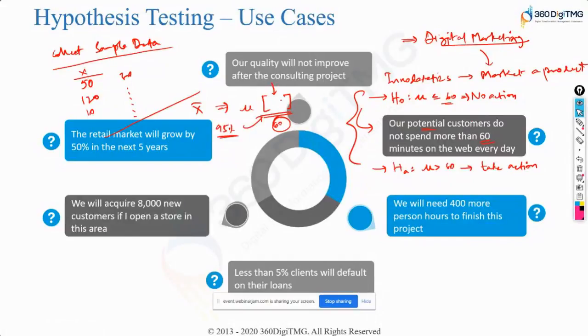If this interval is greater than 60 minutes, then yes, jump with joy, you can go ahead and take action. But if this interval is less than 60 minutes, then you go with no action. So this is how we basically do inferential statistics and come to a conclusion here.